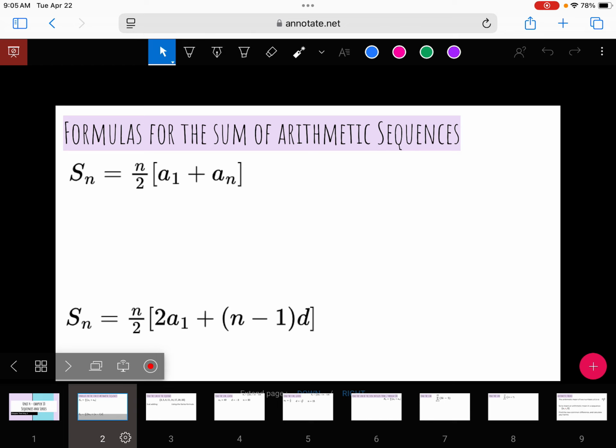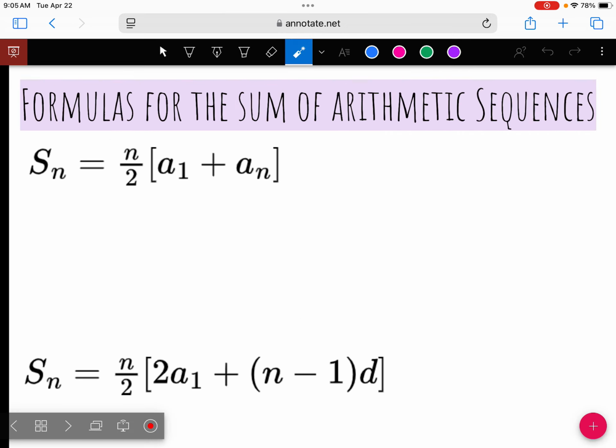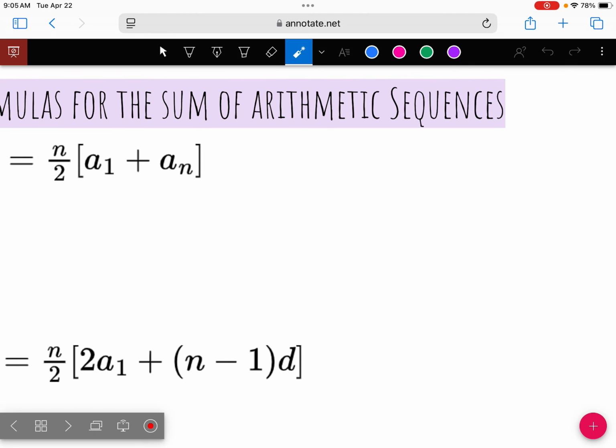Locking in. Yes, we're locked in. So what this formula is, this is how we're going to get the sum. This does a very similar thing as our sigma. It's still going to give us a sum from k equals 1 to n of whatever our a sub k is.